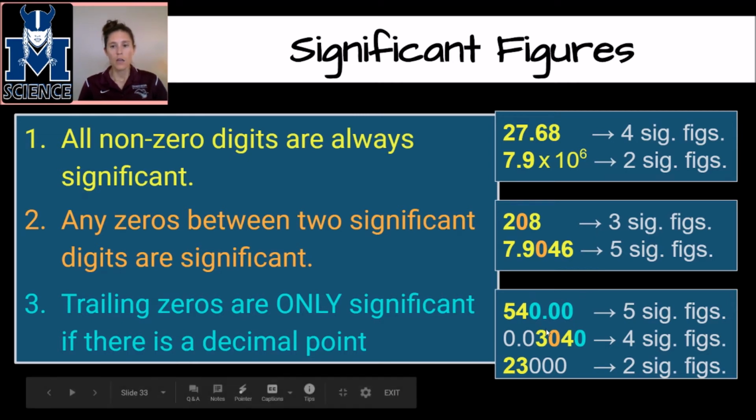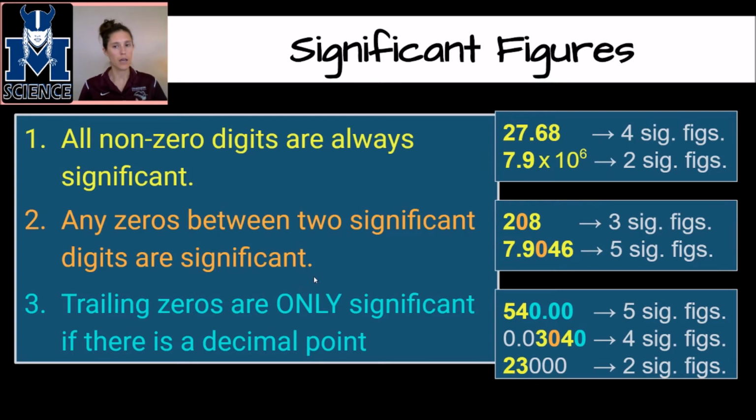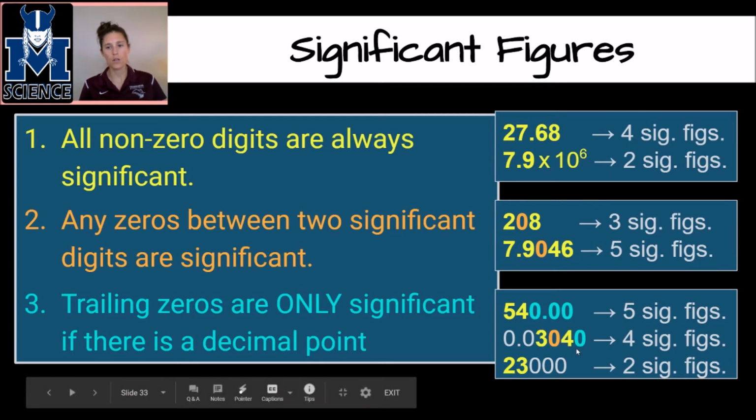Okay, here, 0.03040: these zeros out front are not trailing zeros. They're on the left side. Trailing zeros are the numbers on the right side. So this is our one trailing zero that we have, and there is a decimal point, so we do count it. So this number right here is 1, 2, 3, 4 sig figs.